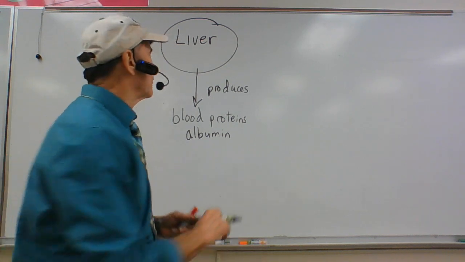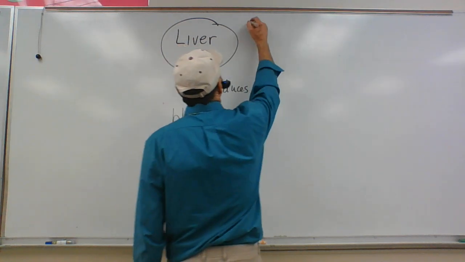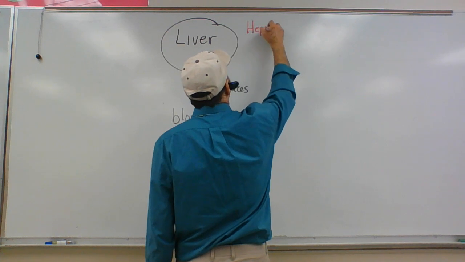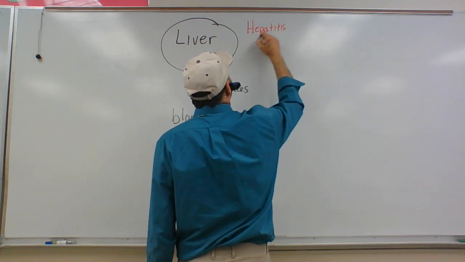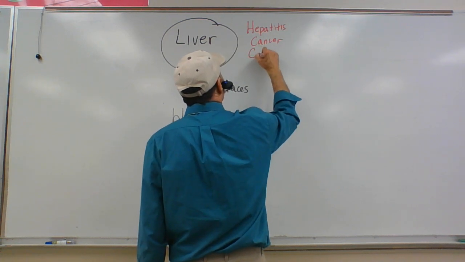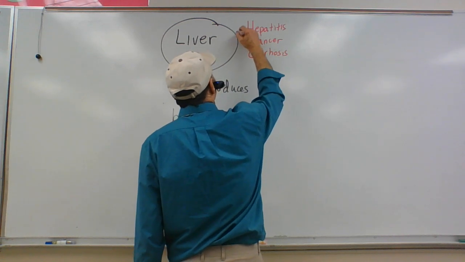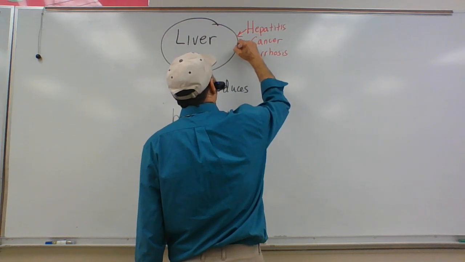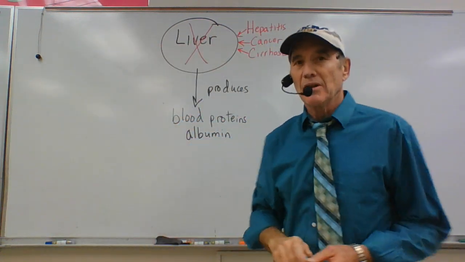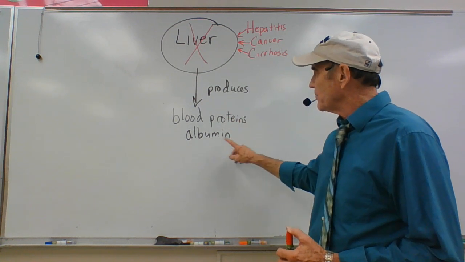Let's say something's wrong with the liver again. We have the same things again. We've got hepatitis, we have liver cancer, or we have cirrhosis of the liver. We have one of those that's damaging our hepatocytes, our liver cells. So now not all the cells are functional. Not all the cells are producing these blood proteins like alpha beta globulins and albumin.